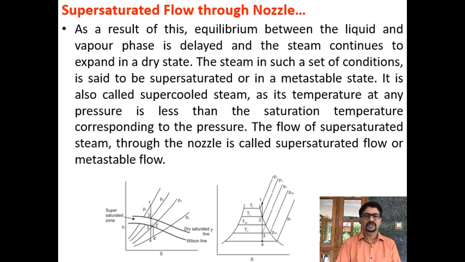So the steam in such a set of conditions is said to be in a supersaturated or metastable state, or it is also called supercooled steam. Why is it called supercooled steam? Because its temperature at any pressure is less than the saturation temperature corresponding to that pressure. Because the expansion continued in the dry condition, its temperature falls below that of the saturation temperature.